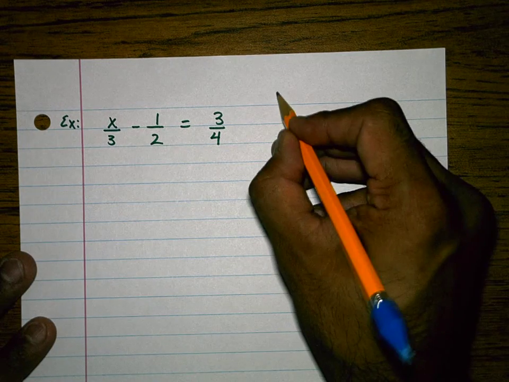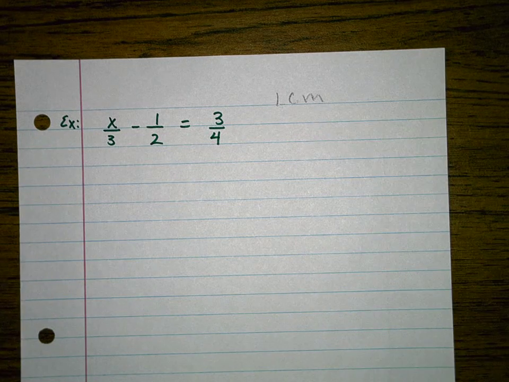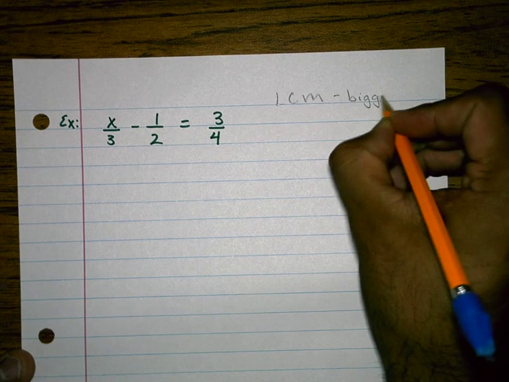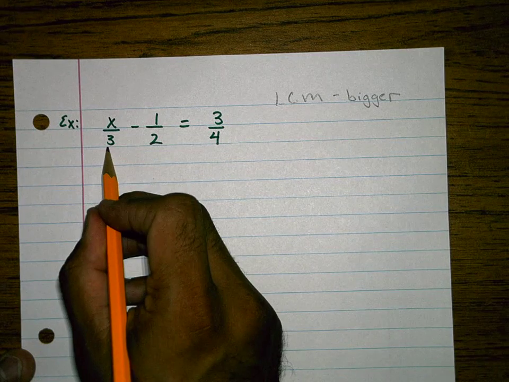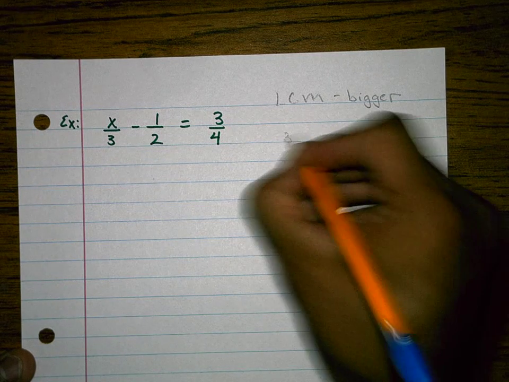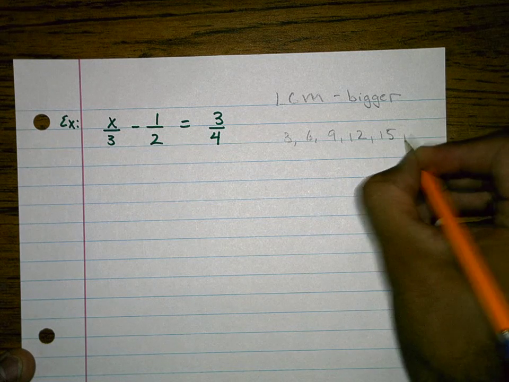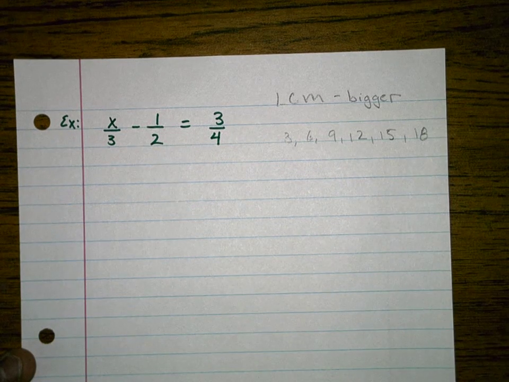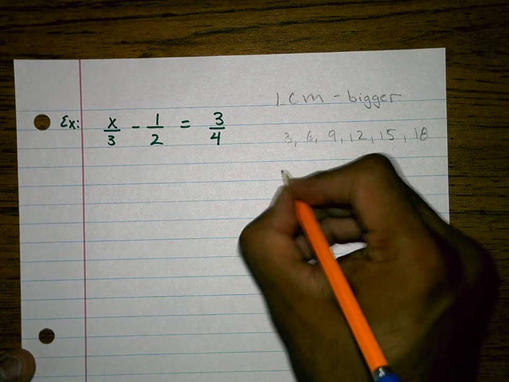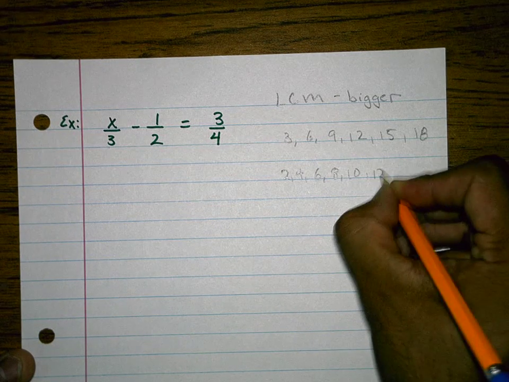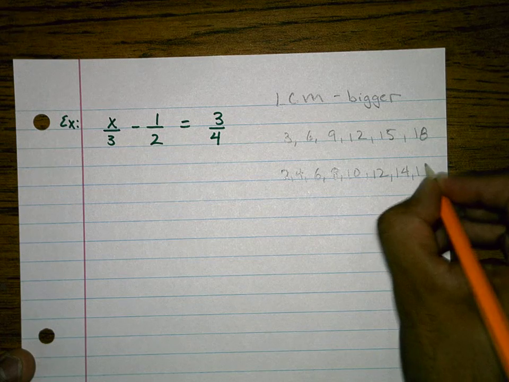So let me show you what's really going on with least common multiples. Multiples get bigger. I'm going to list some multiples of 3: 3, 6, 9, 12, 15, 18. Then I'm going to list some multiples of 2: 2, 4, 6, 8, 10, 12, 14, and 16.